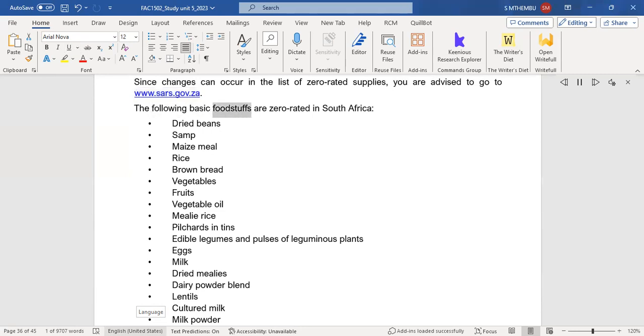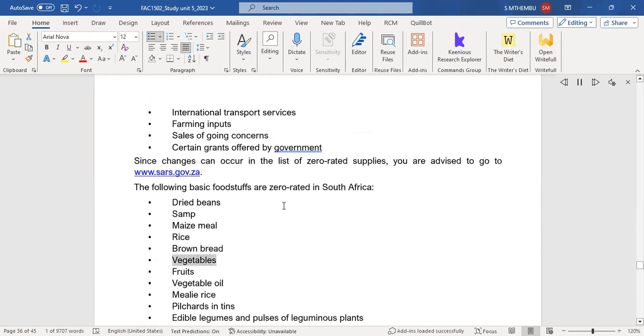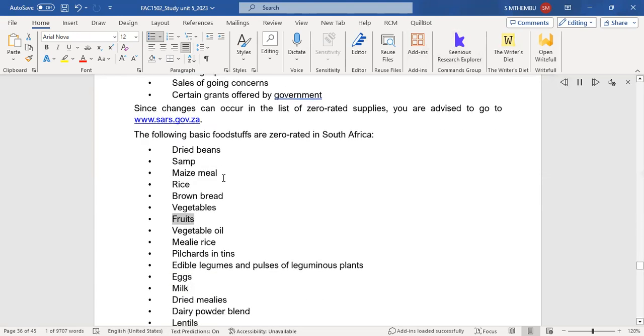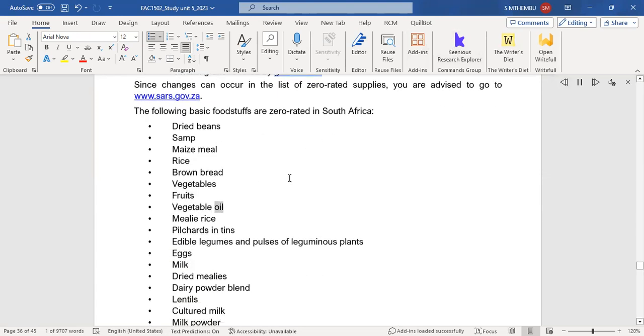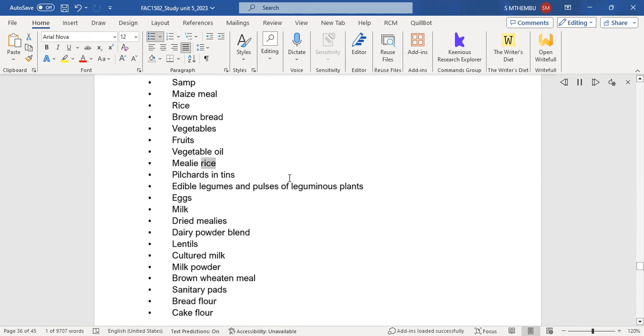The following basic foodstuffs are zero-rated in South Africa. Dried beans. Samp. Maize meal. Rice. Brown bread. Vegetables. Fruits. Vegetable oil. Mealie rice. Pilchards in tins.